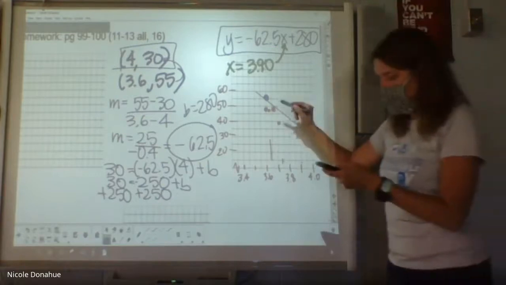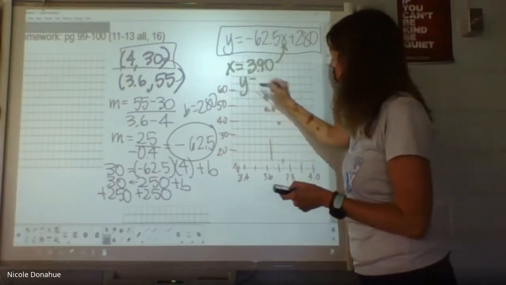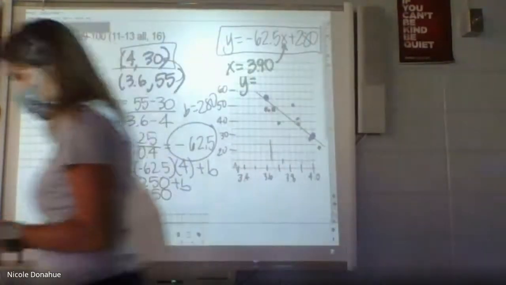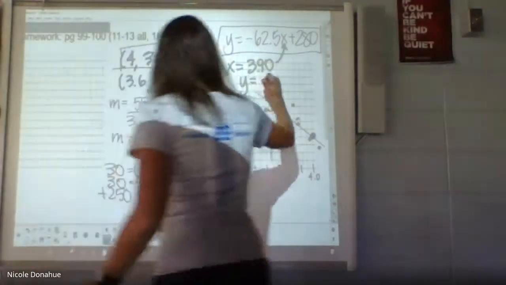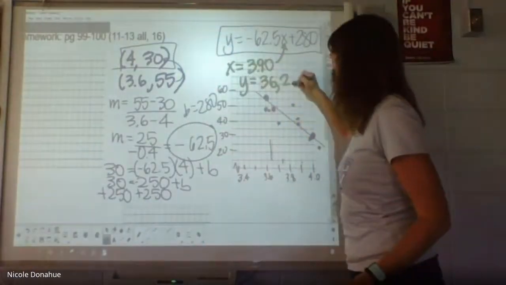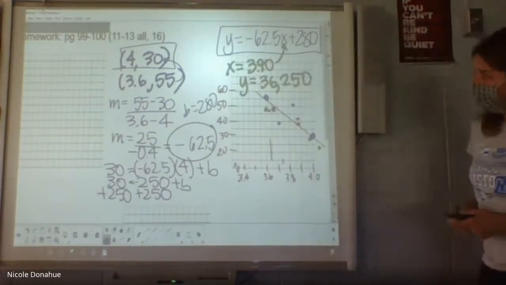And we got, that sounds really wrong. 36.25. Oh yeah, 36.25, but they're talking in thousands of bushels, so that'd be 36,250 bushels.